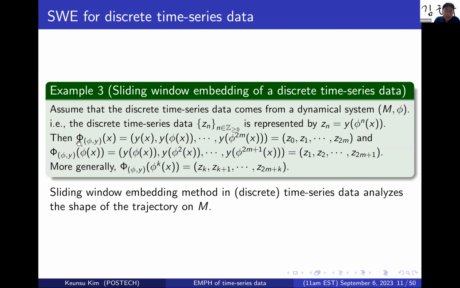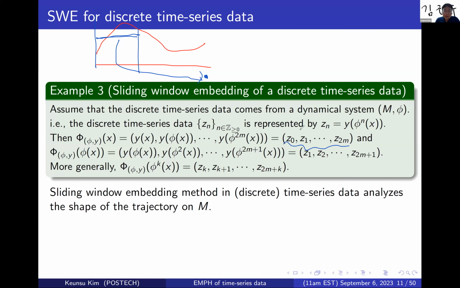Then by the Takens embedding map and the sliding window embedding, for example, given time series data, consider the sliding window from this duration, which goes to one point.